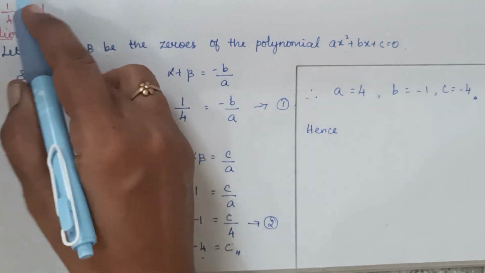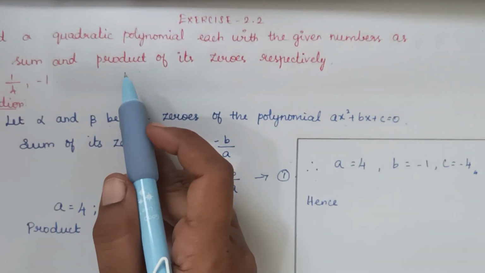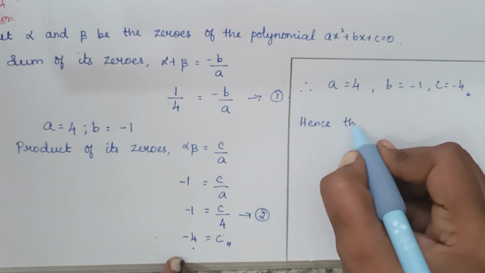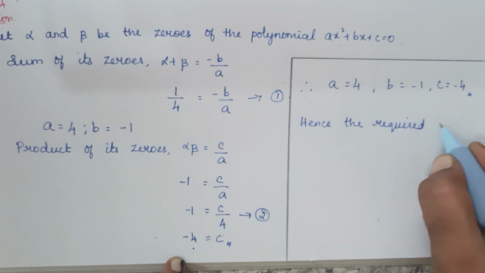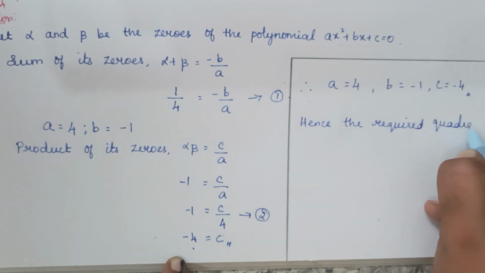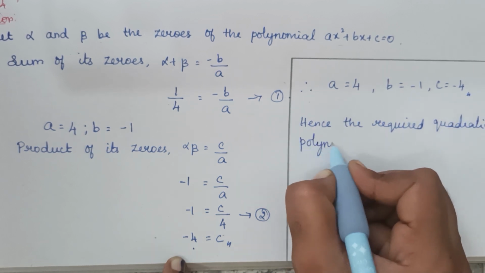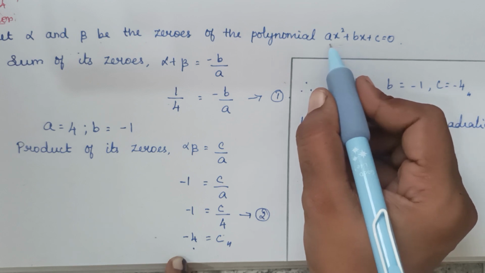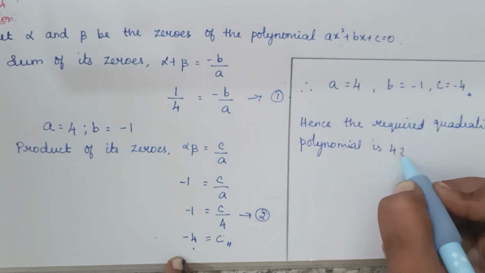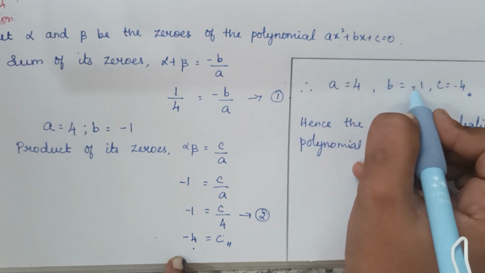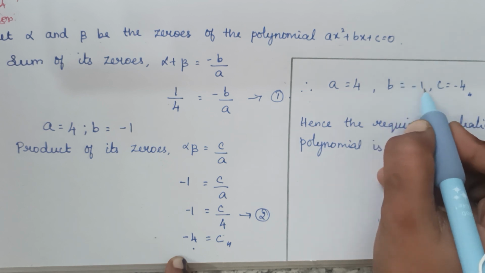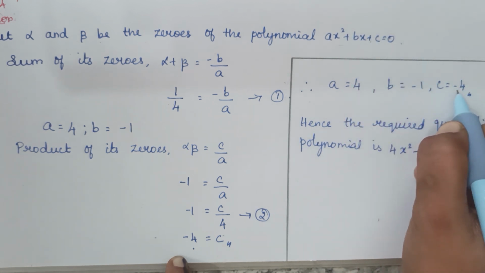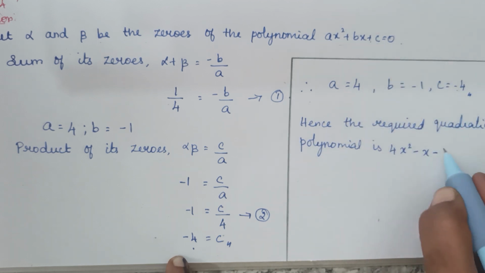Hence, we want to find the required quadratic polynomial. In the quadratic polynomial ax square plus bx plus c, the value of a is 4, so write 4x square plus, the value of b is minus 1, so plus into minus, minus x, and then plus c, where the value of c is minus 4, so minus 4 is equal to 0.